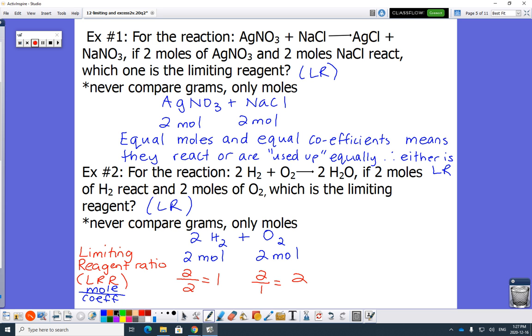So at first, it looks like they're the same, but because you use twice the amount for every cycle of a reaction, then you're actually using up more of this than you are of oxygen. So this one is a smaller amount, which means that it gets used up first.